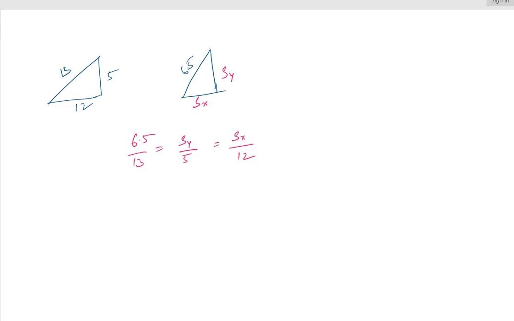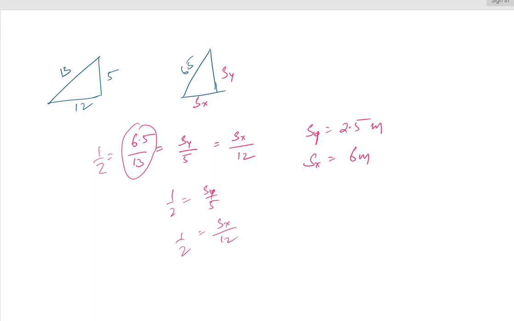This relationship is equal to 1 over 2, so Sy is equal to 2.5 meters, and Sx is equal to 6 meters. If you equate, 1/2 is equal to Sy over 5, and 1/2 is equal to Sx over 12, you get these.